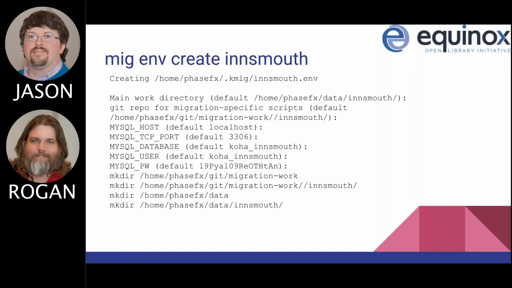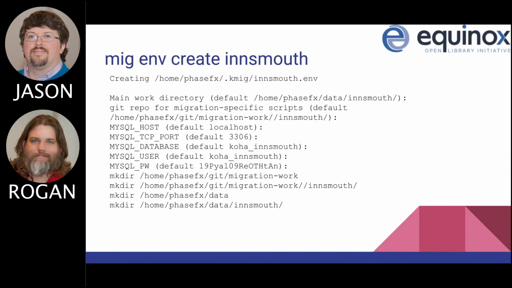And in that env file will be the information to create this information that you'll see in the environment. And a lot of it's going to be pretty obvious kind of stuff. What is your MySQL database? What is your MySQL user, your password, your host, all that kind of stuff. By default, it will look to create it for your local host, but it will give you some prompts when you run it and ask you for some parameters.